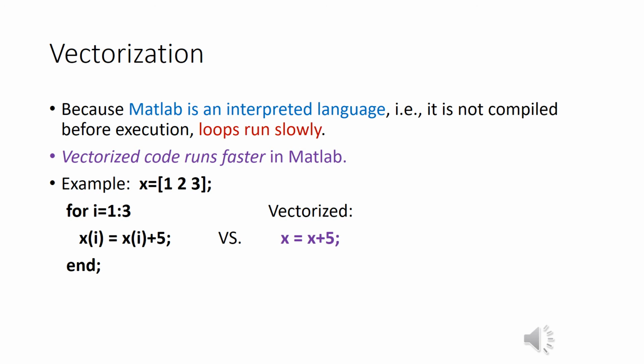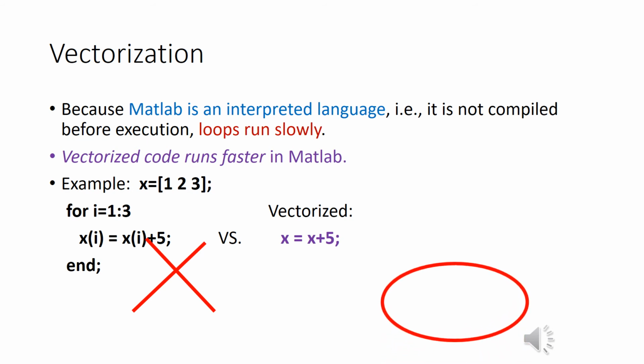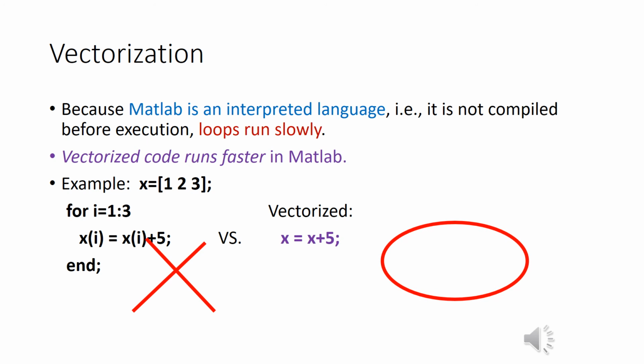If we have x equal to 1 to 5, we can calculate our value for the variable x by using a for loop as well as with the vectorized version. But here the loop will run slower compared to the vectorized version of the code. So it's a good practice to use the vectorized version of computation.